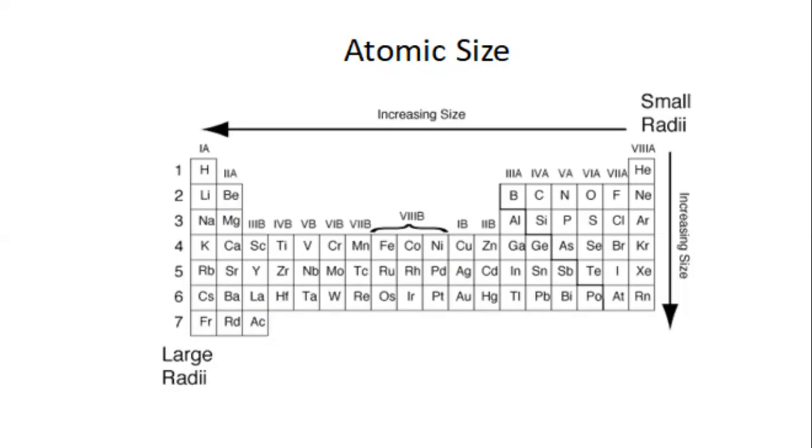So one is atomic size, essentially how large the atom is. And atomic size on the periodic table increases from right to left. So as you move from the right side of the periodic table to the left, the atomic size increases. It also increases going from top to bottom. And you can imagine that as you add on more of these energy levels, you get a larger size.